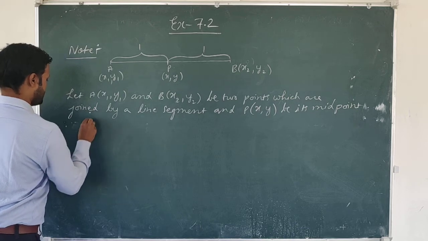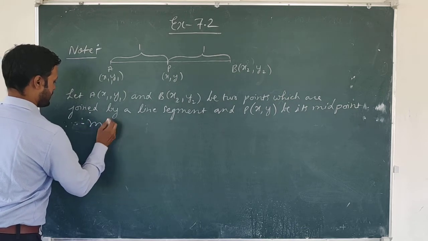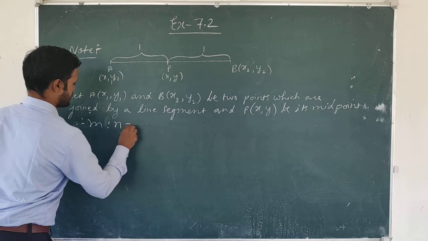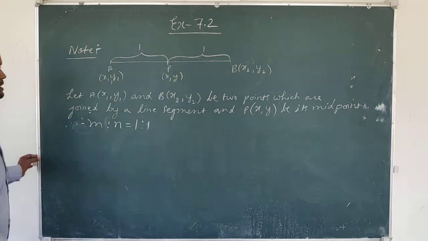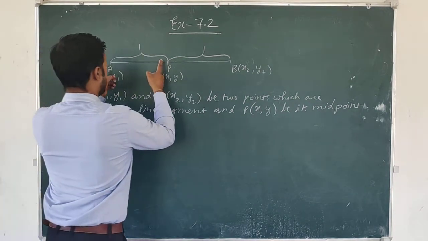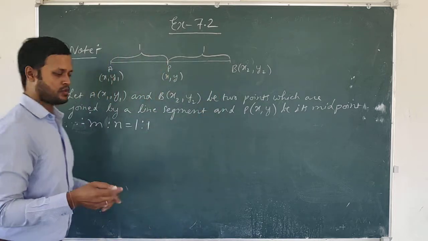Therefore m is to n is equal to 1 is to 1. Isn't it, students? If P is the midpoint, then m is to n is 1 is to 1.